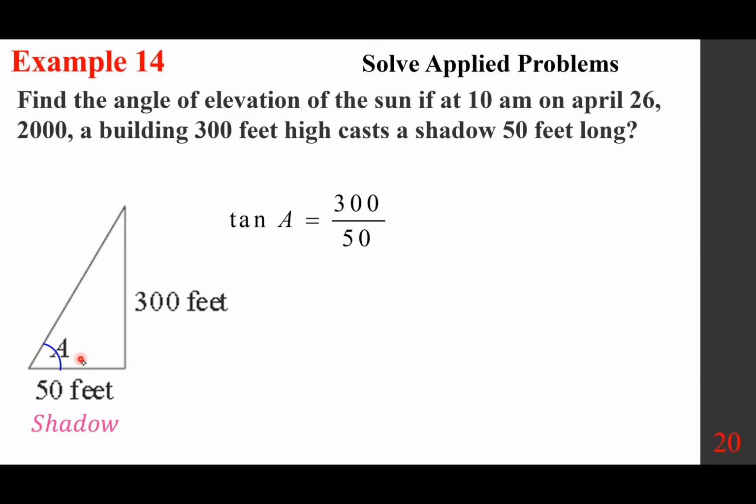Tan of A is the opposite over the adjacent, 300 over 50, which is 6, and A is tan inverse of that.